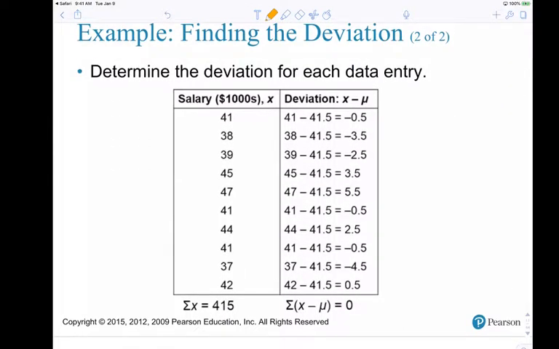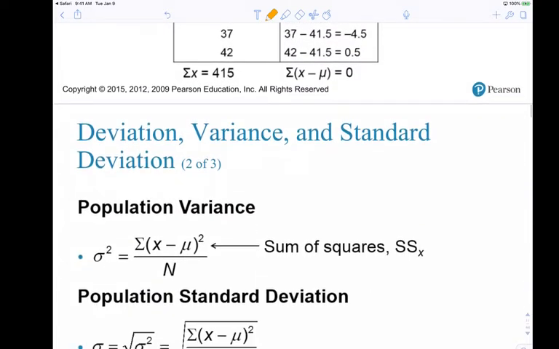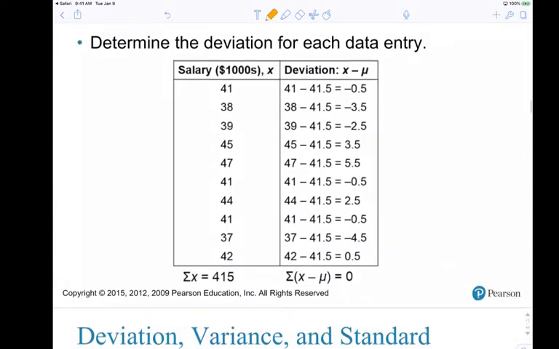So I think that means it's to the left of the mean. Is that right? Then 38, the X minus X bar, or X minus mu, is negative 3.5, and so on. Any questions here for the deviation?